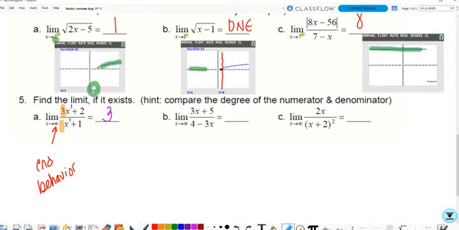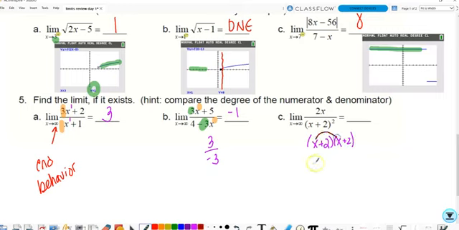We have to be a little more careful in part B, because here's a degree of 1 and here's the degree of 1. So our leading coefficients are 3 and negative 3. So 3 divided by negative 3 is negative 1. And C, the denominator is not in standard form. So x plus 2 squared means x plus 2 times itself.